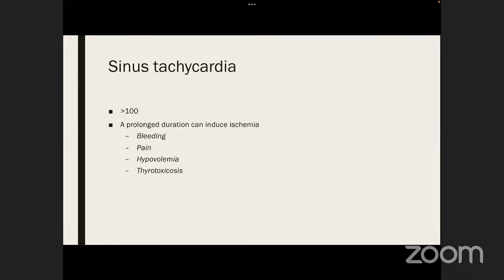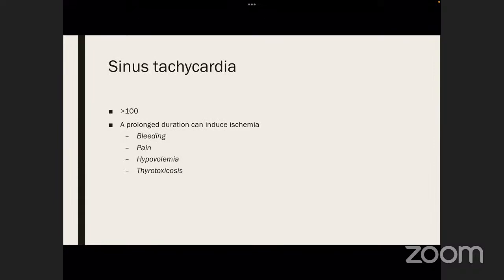For the sinus tachycardia, when the heart rate is more than 100 beats per minute, why is it a problem? Because a prolonged tachycardia for long duration can induce ischemia, especially in coronary artery disease patients. What might be the causes?